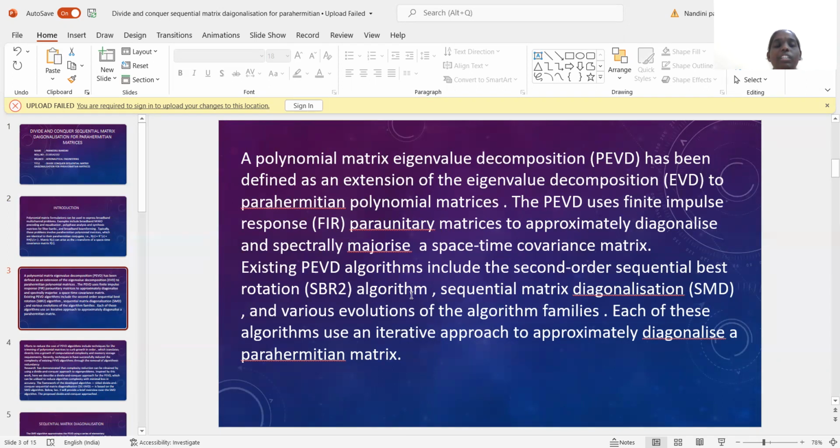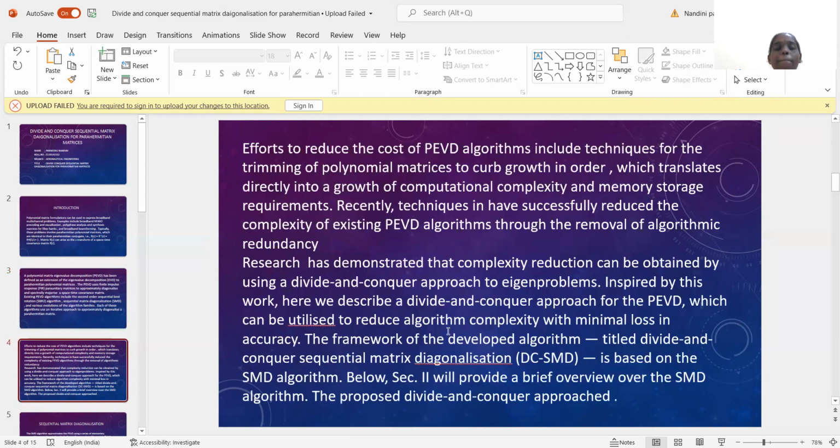Existing PEVD algorithms include the second-order sequential best rotation algorithm, sequential matrix diagonalization, and various evolutions of these algorithm families. Each of these algorithms uses an iterative approach to approximately diagonalize a para-Hermitian matrix.